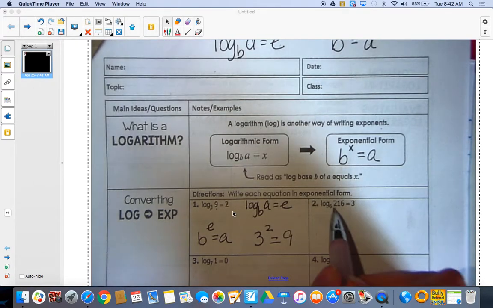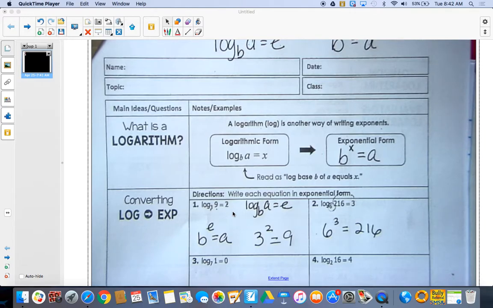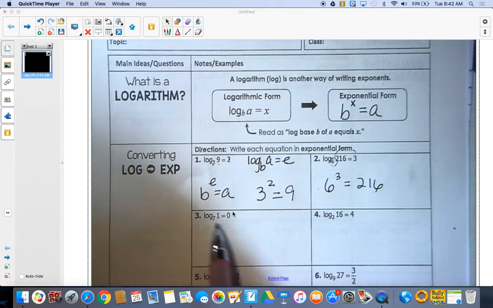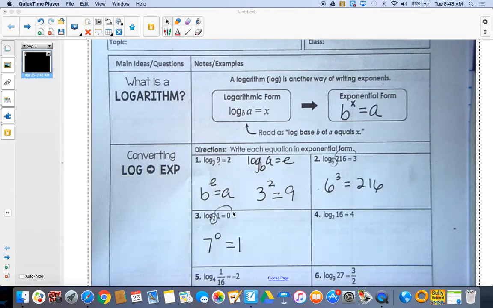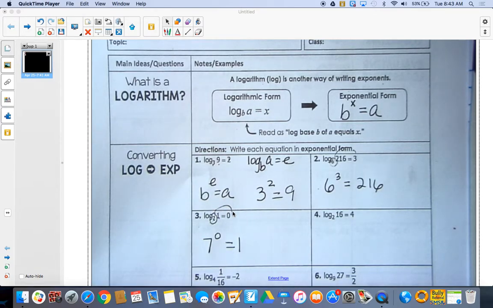So here we have 6 to the third equals 216. So the next one here, our base is 7 to the 0 equals 1. So that's our base, that's our exponent, that's our answer.